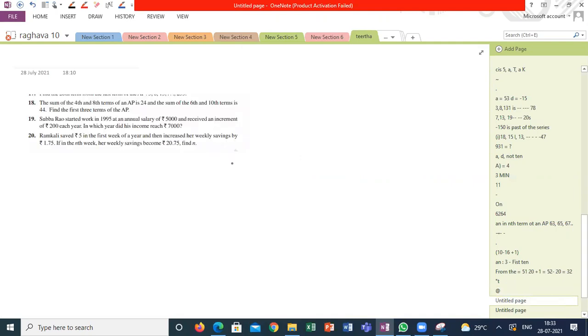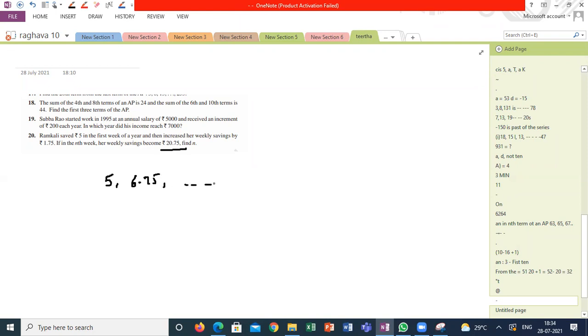Ram Kali saved 5 rupees in the first week of a year, then increased her weekly savings by 1.75 rupees. If in the nth week her weekly savings becomes 20.75, find n. How to do this question? First week she saved 5 rupees. Second week she saved 6.75 rupees.